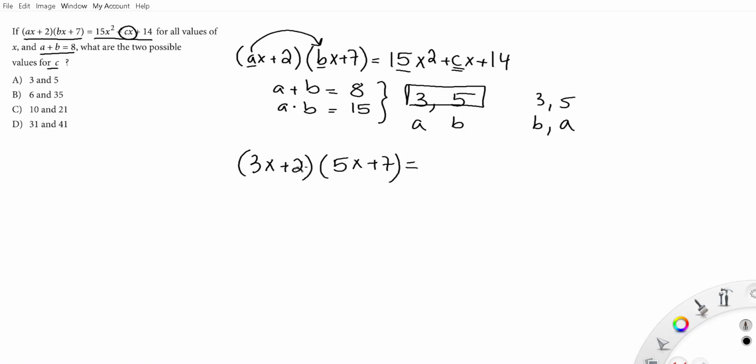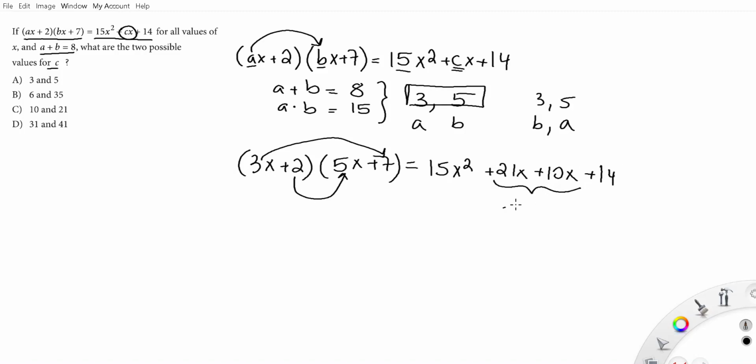And then what's going to happen when I FOIL this, I have 3x times 5x, that's 15x squared. 3x times 7 is 21x. 2 times 5x is 10x. And I already know that 2 times 7 is 14. So this gives me 31x.